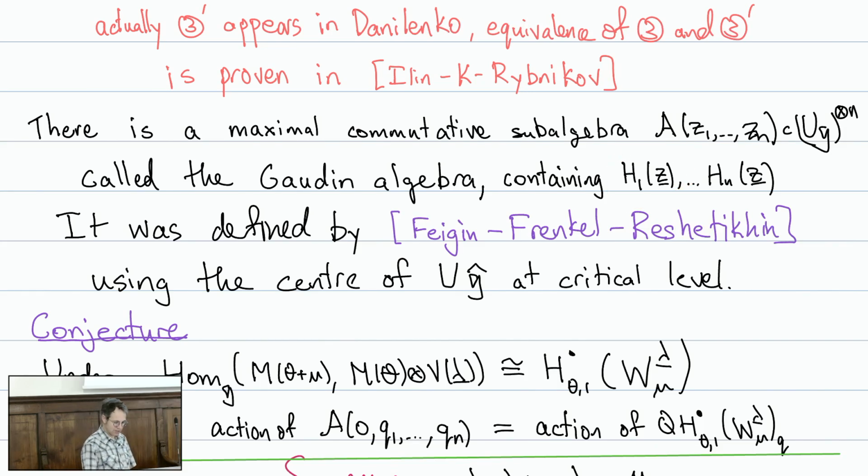There's a bigger commutative algebra which still commutes with the diagonal G, called the Gaudin algebra, defined in this fairly classical work now of Feigin, Frenkel, Reshetikhin from 25 years ago maybe. It uses the center of the affine Lie algebra at a critical level. And that brings us to the following conjecture, which I never saw exactly in print before, so we can say we're formulating it here for the first time precisely.